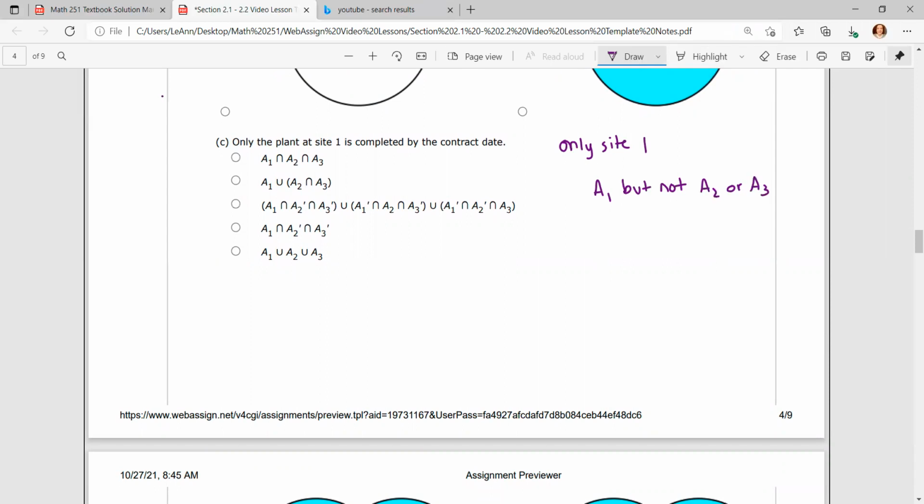So not A2 individually, not A3 individually, or both of them. If we write that, it would be A1, but that is kind of an and, so intersect with not either one of these: A2 union A3, either one or both, and complemented. This is normally how I would write it, but I noticed that's not one of the choices here.